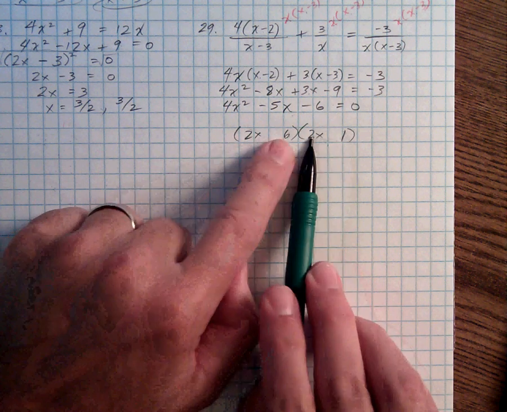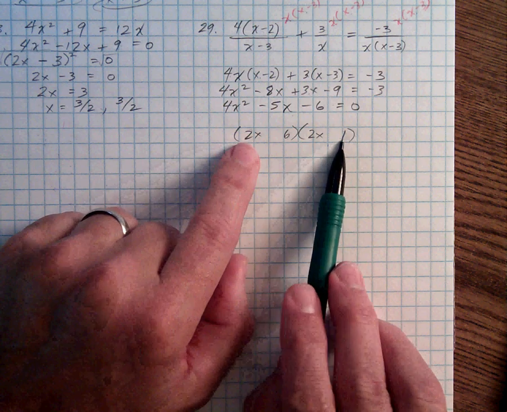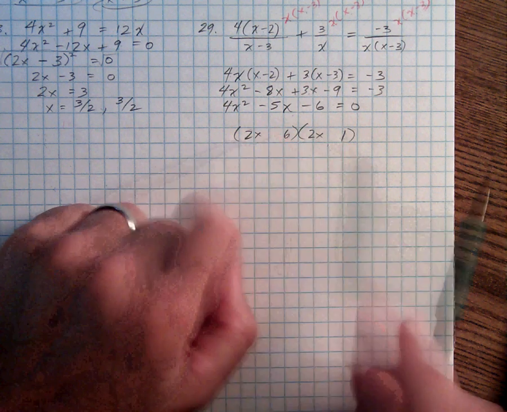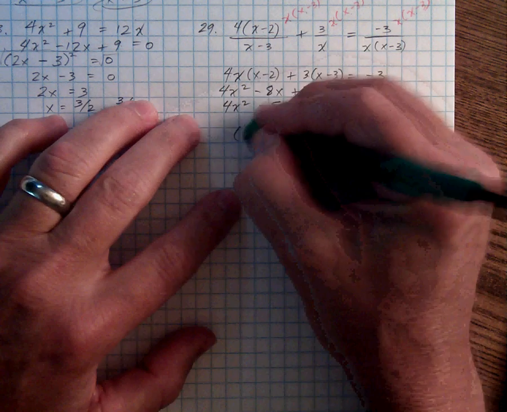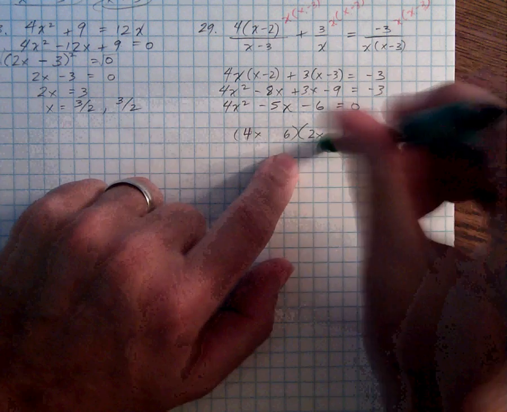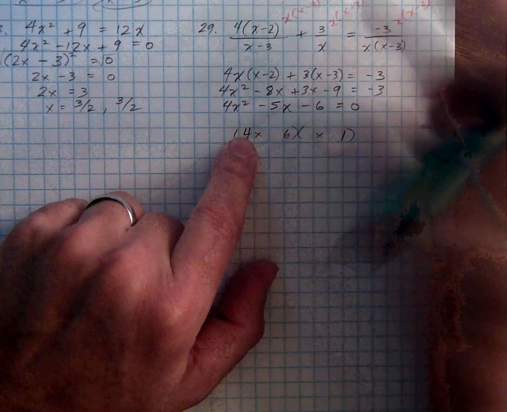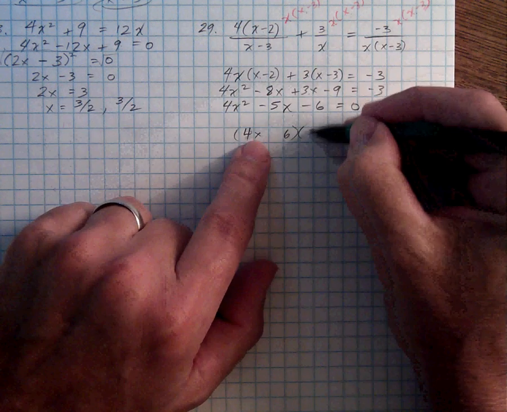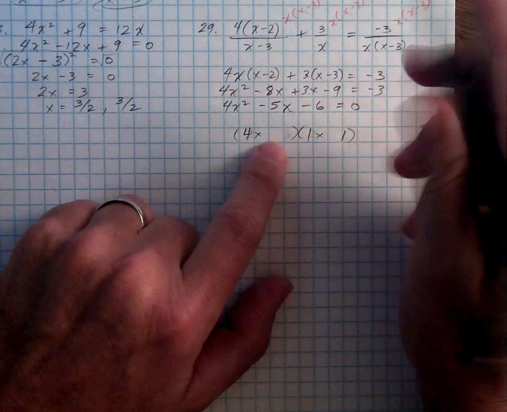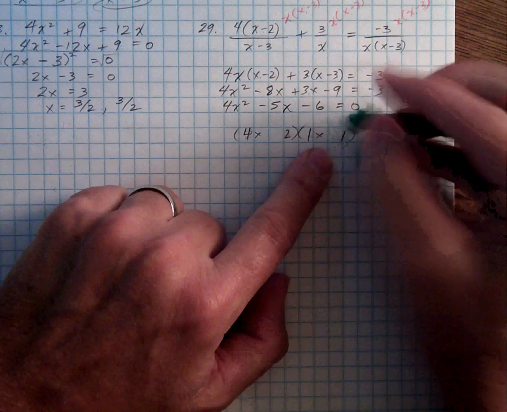What we want is a way to get 5 out of what? 2 and 12? We're not getting that, right? So it's got to be a 4. Right? And if that's a 4, that has to be a 1.